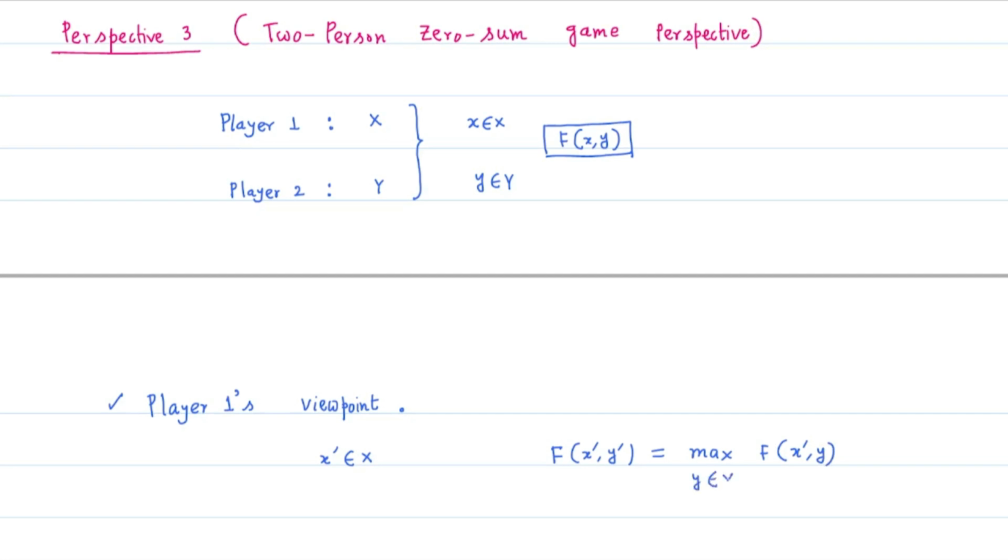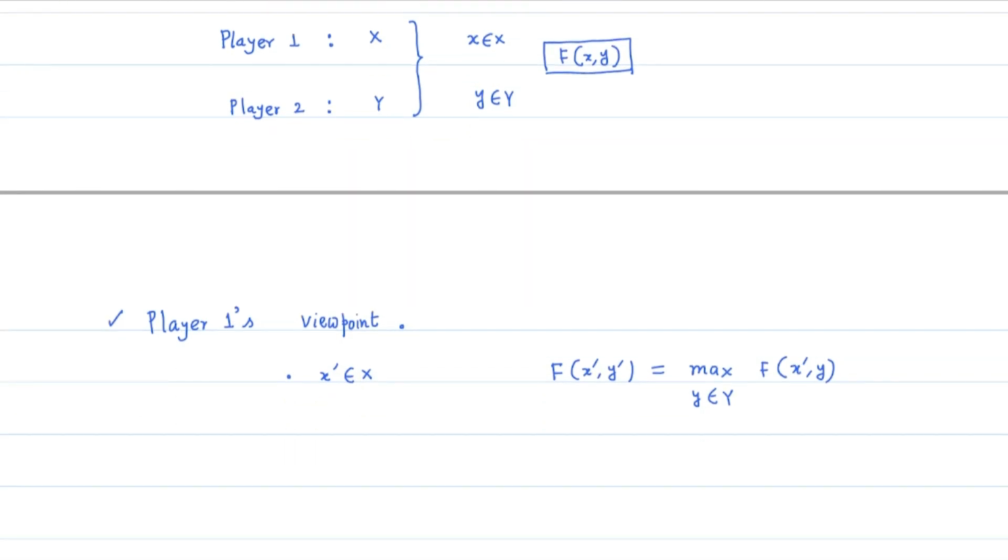Because player 2 always wants as much as possible to be drawn from player 1, right? So for the chosen X' of player 1, obviously player 2 will choose that particular strategy Y', which gives the maximum value of f(X',Y).